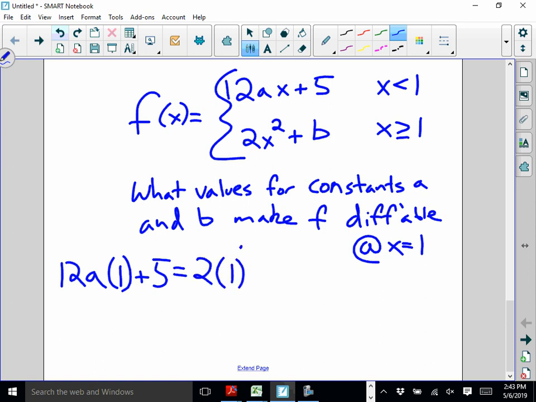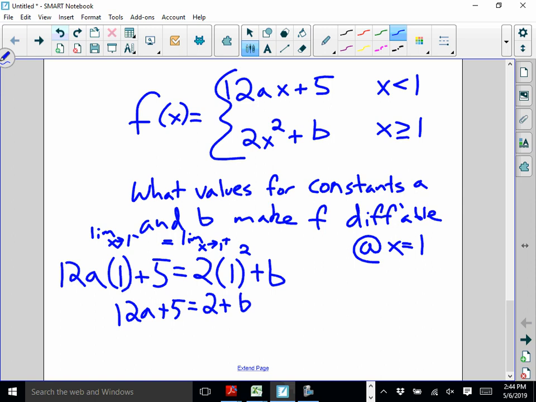What I'm doing is setting the limit as x goes to 1 minus equal to the limit as x goes to 1 plus. So I'm setting the two functions equal to each other and plugging in the number 1. Solving that, I get 12a plus 5 equals 2 plus b.